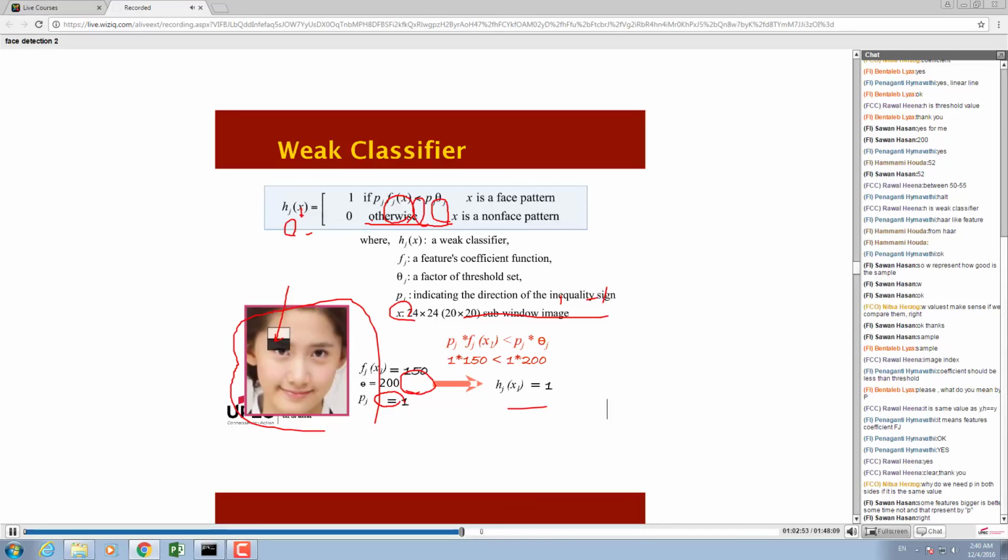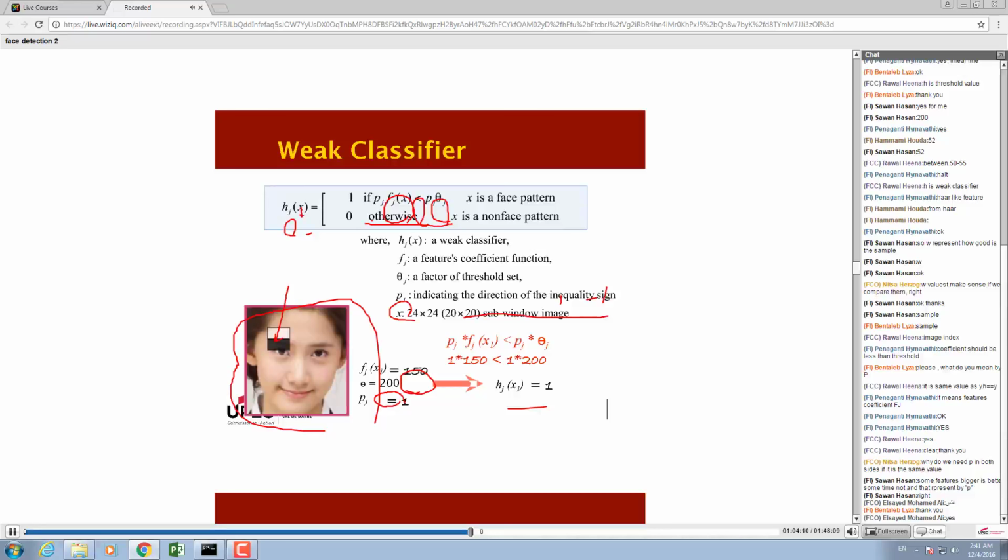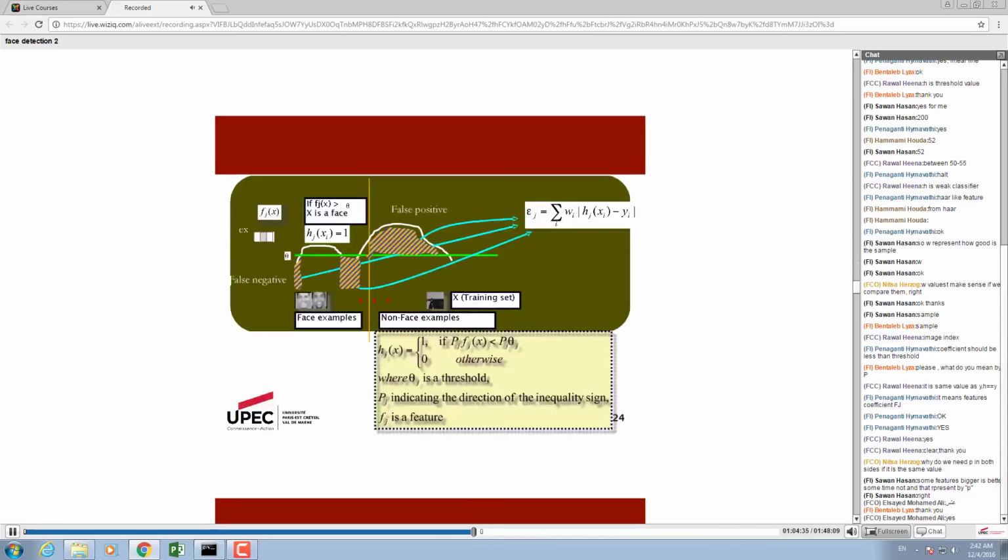So this is the weak classifier h, and p is just a very simple direction. Basically, weak classifier h is composed of feature fj and threshold theta j. Okay, so this is the weak classifier. Any question? Good.